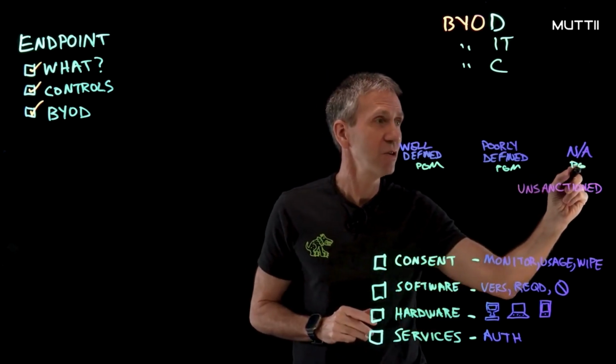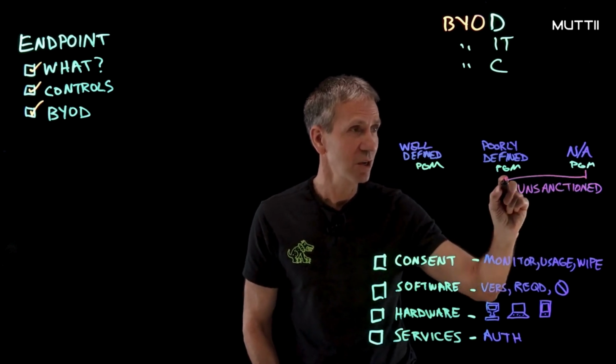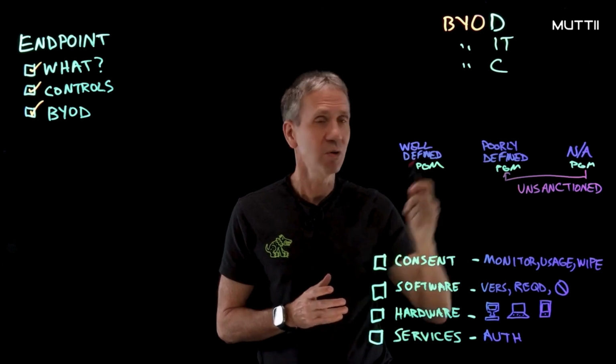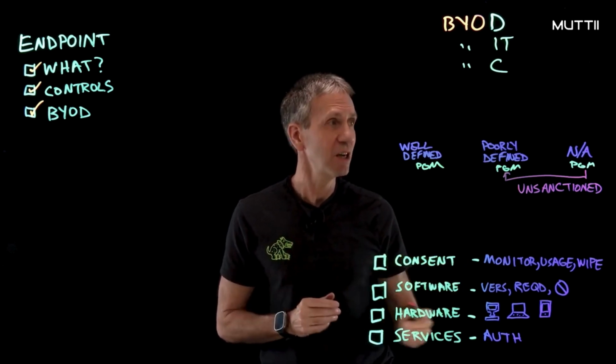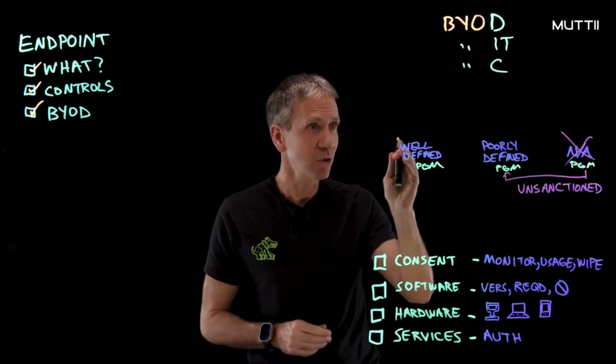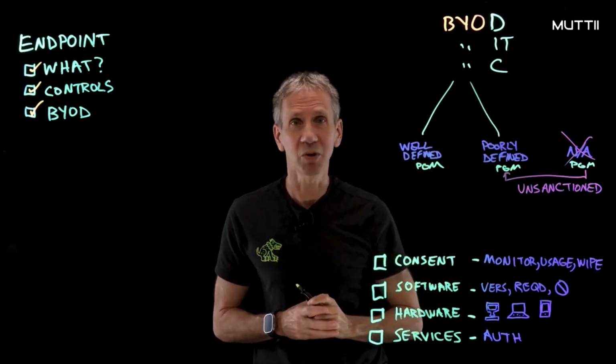Their program is actually an unsanctioned program, which maps to just being a poorly defined program. In other words, there really is no third category. Everybody is either a well-defined program or a poorly defined program.